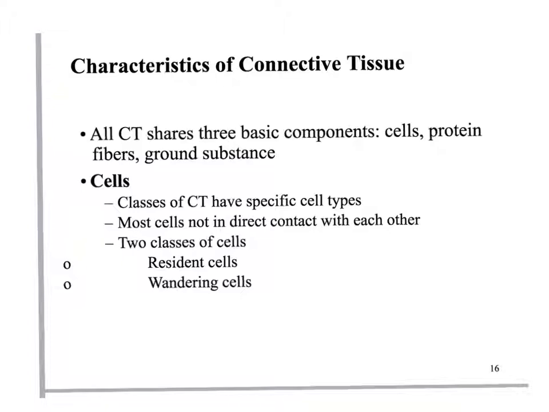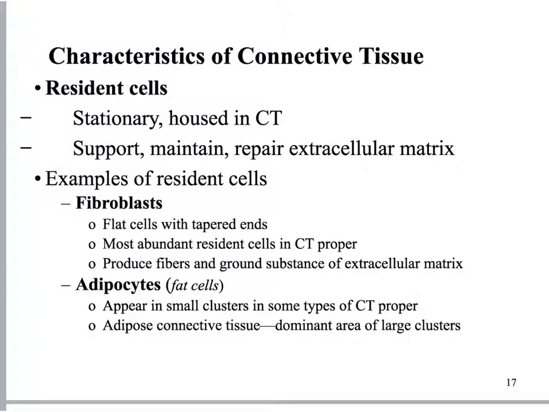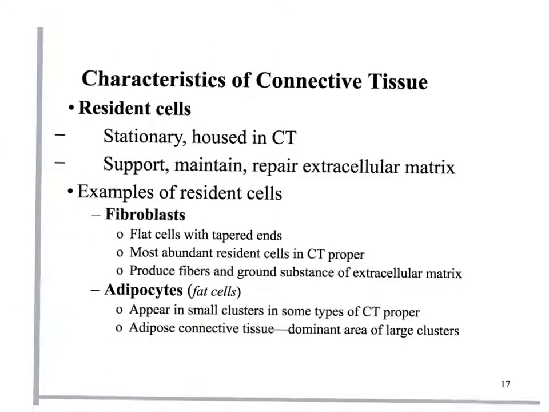Okay, those are resident cells, and you have other macrophages and mast cells that kind of move in and out. Those are wandering cells. They kind of move between. Okay? Most cells are not in contact with another. They're separated by stuff. It's much different than epithelial tissue. Okay? So your resident cells are stationary. They're housed there. They support, maintain, and repair the extracellular matrix itself.